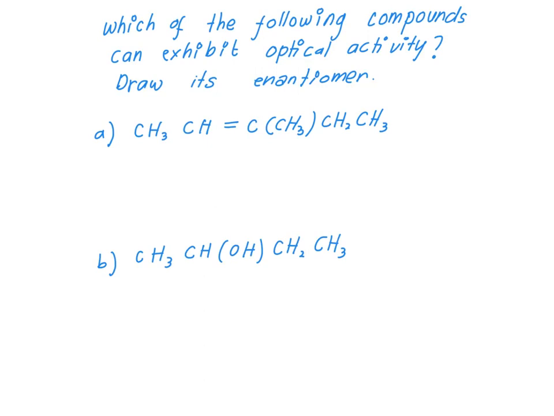Next, I'm going to answer this question: which of the following compounds can exhibit optical activity? First, I'm going to draw the expanded structure of structure A. To determine whether the compound is optically active or not, you first have to determine whether there is any chiral carbon in the structure.